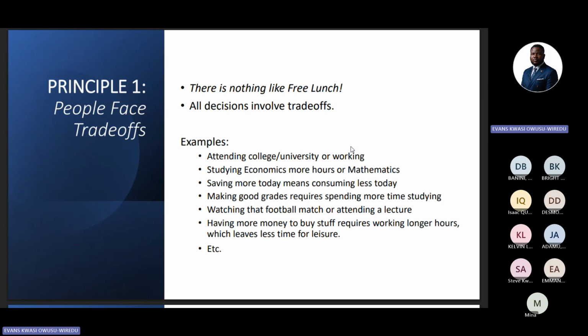So some of the examples of trade-offs: attending college or university versus deciding to be a full-time worker. These are trade-offs. You sacrifice working for school, or you sacrifice school for working. Studying economics more hours, or mathematics.